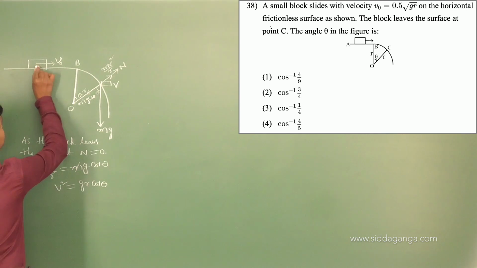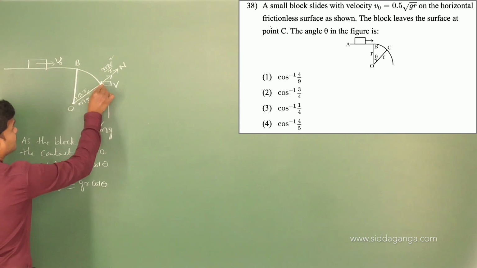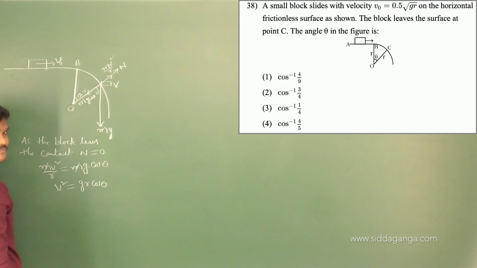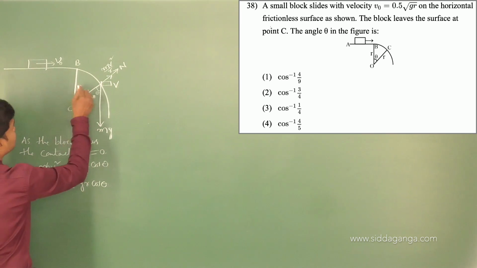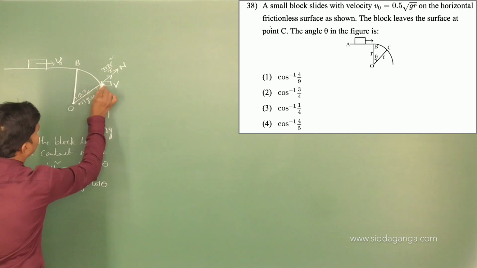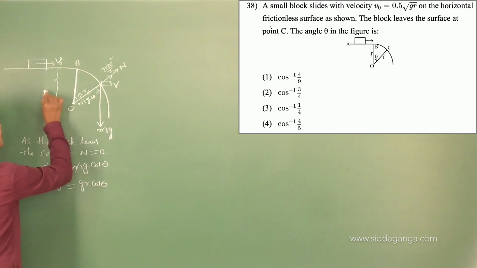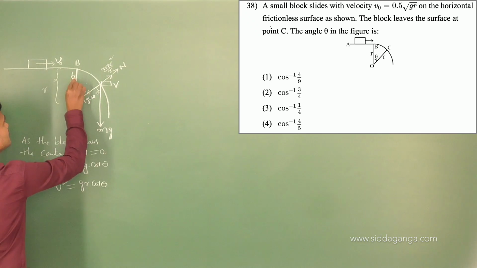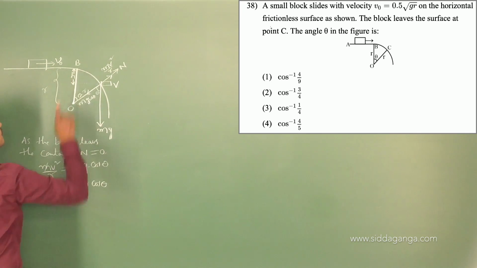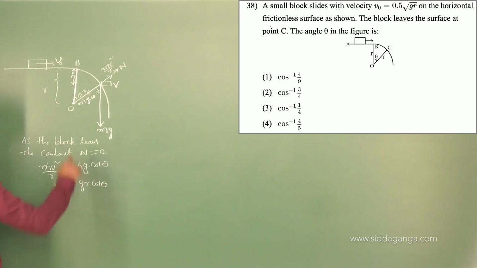The block starts with v0, and when it leaves the surface, the speed is v. So this is the final speed and this is the initial speed, and see what height it is going to travel. If this is r, this is also r, and this is the distance covered by the body, h. So what is this h?